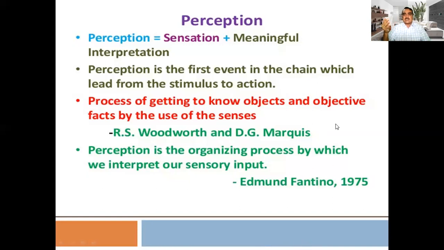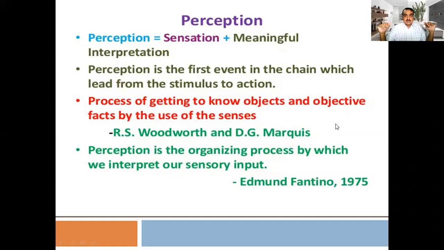Sensation is how we get information through external stimuli, with the help of our sensory organs: eyes, nose, tongue, ears, as well as the skin. Those five important organs play an important role for everyone to get information from external sources.